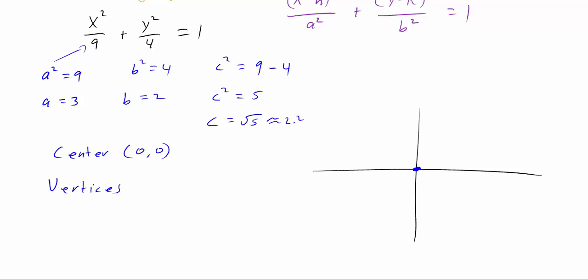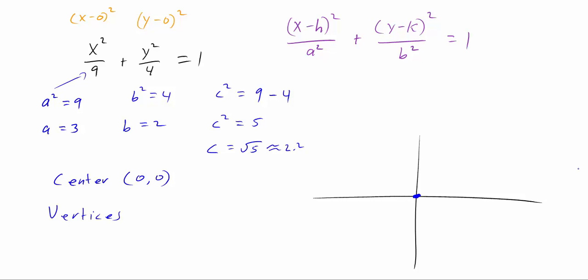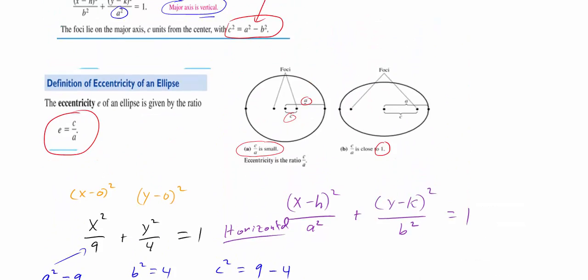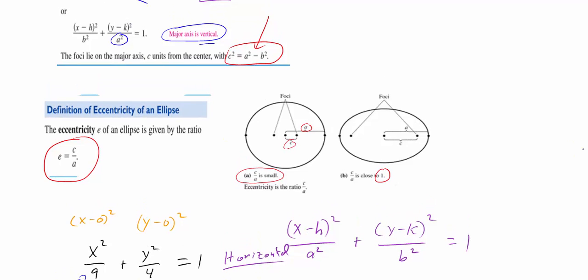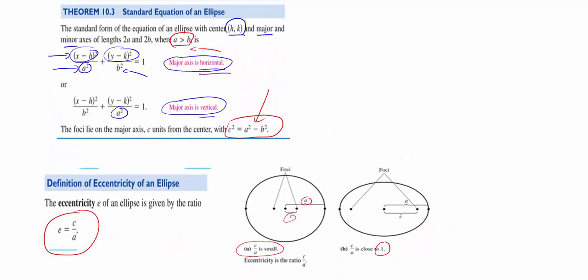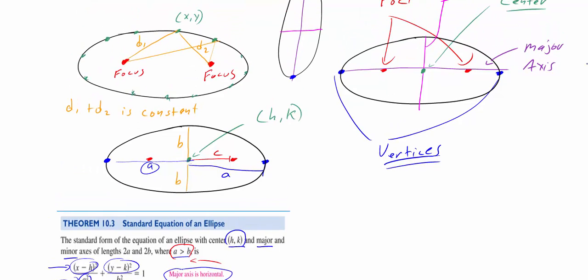And now we know that this a value is under the x squared, so that tells us this is going to be horizontal. That's important to know because when we go to calculate the vertices, we know the vertices are located how far away? Well, from the center to the vertices is going to be a distance of a.